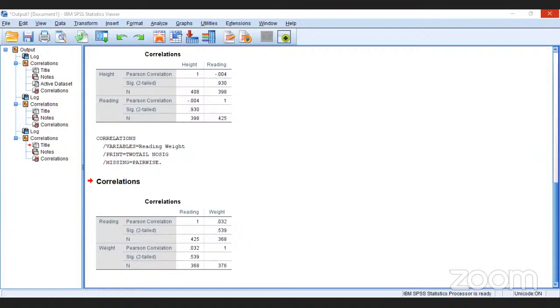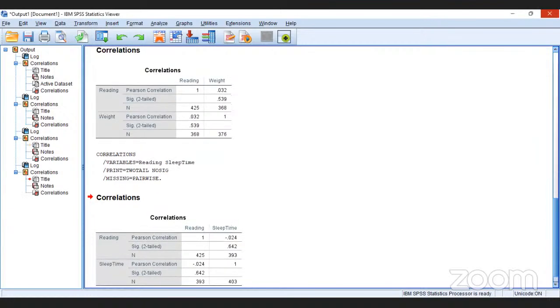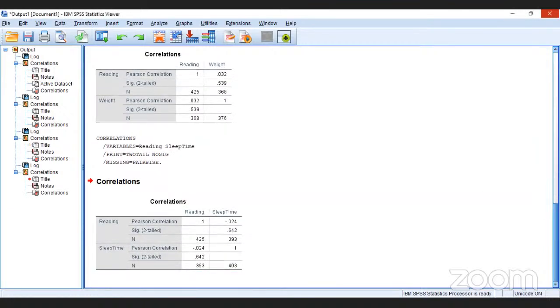I think it can give us a better result. So let's take sleep time and reading and check. What do we notice? It's not strong, it's weak.